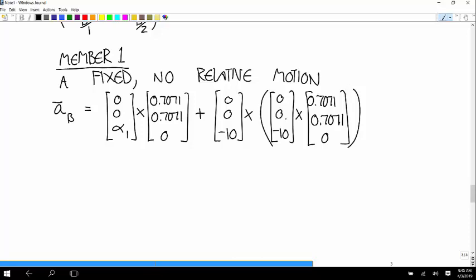So what do we get here? This one is going to be negative 70.71, negative 70.71, 0.